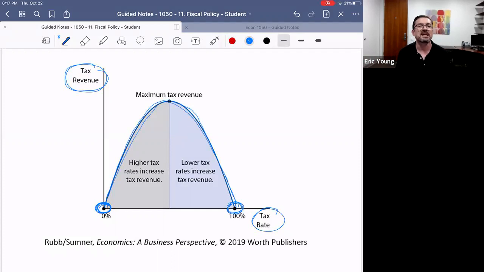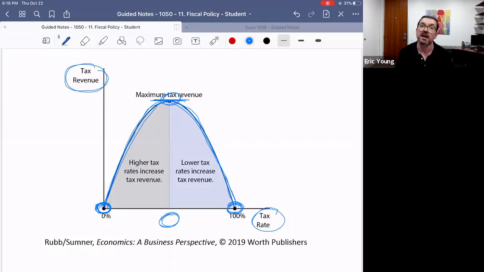The big idea behind the Laffer curve is that there has to be, at some tax rate, an optimal amount of revenue collected. In other words, people who advocate the Laffer curve say that since 0% gives you no tax revenue and 100% gives you no tax revenue, there's got to be this graph with this peak up here, this highest maximum tax revenue amount.